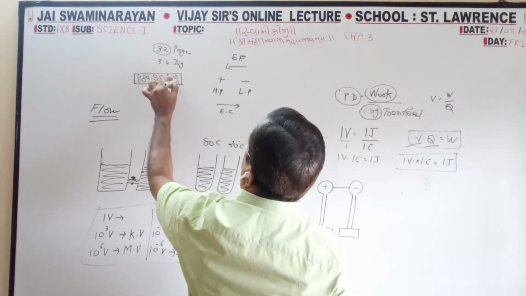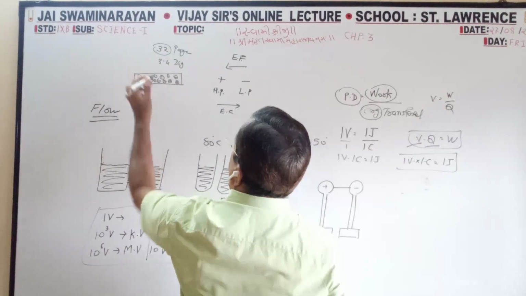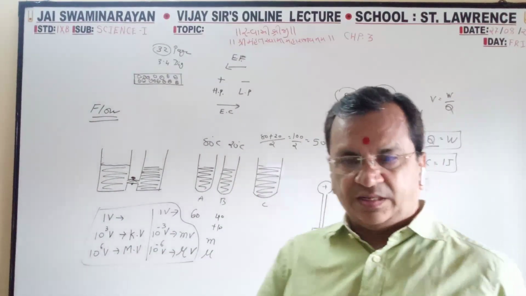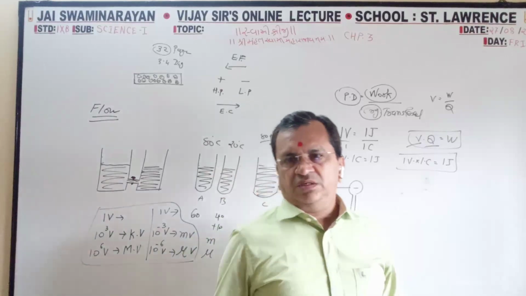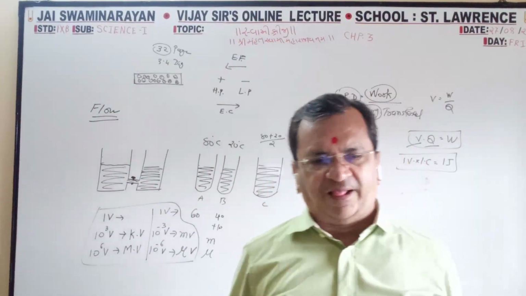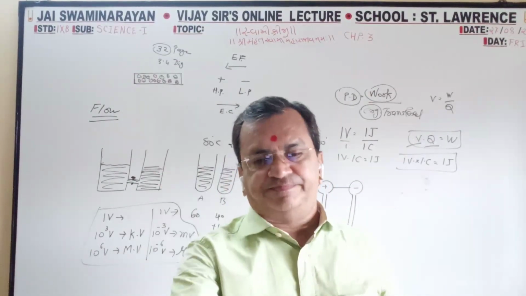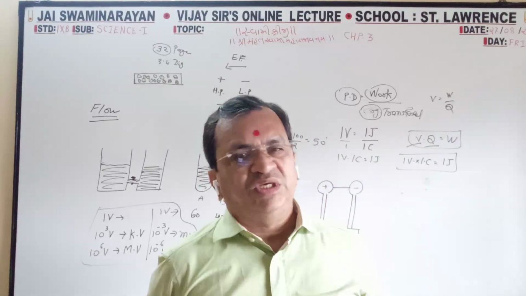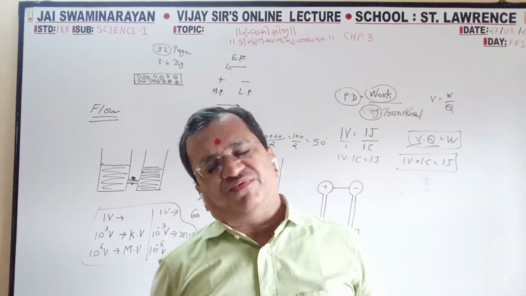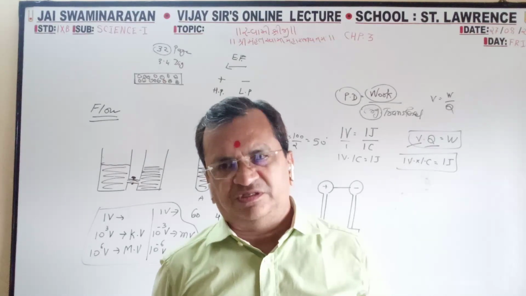These are the free electrons. There is one conducting wire, a piece of wire. Suppose it is like this, a metallic rod. In every metallic wire or metallic substance there are some free electrons.